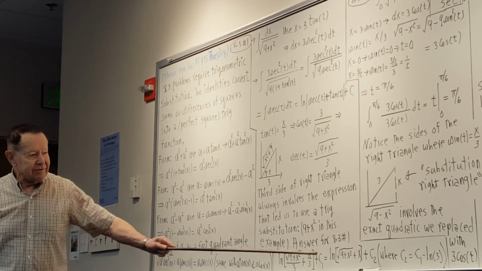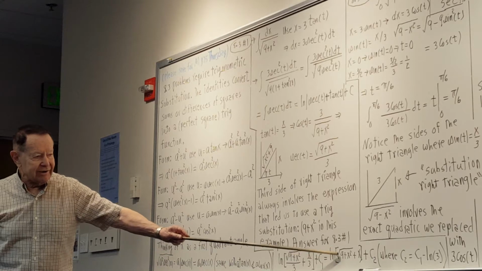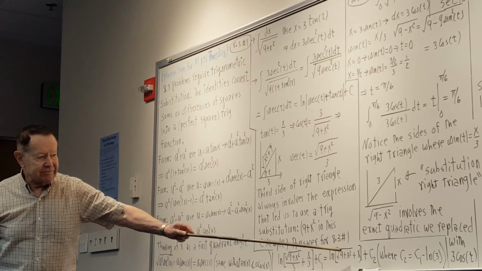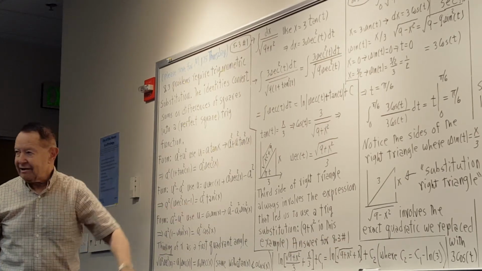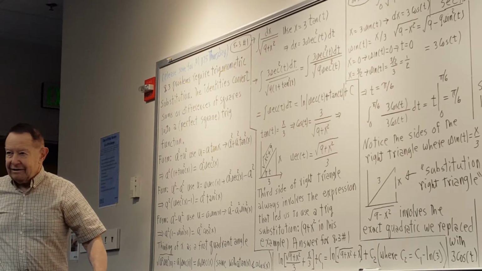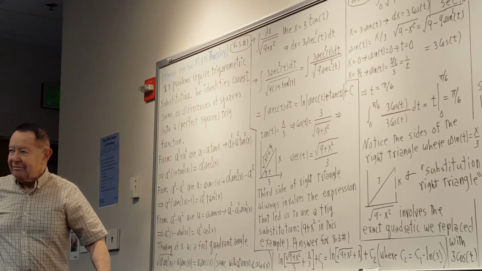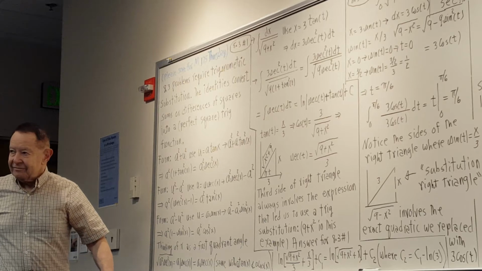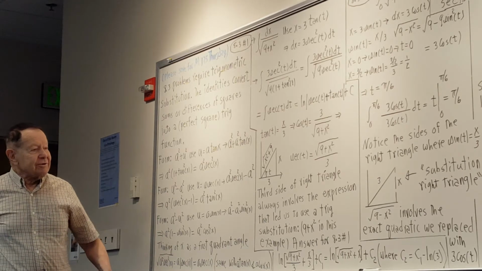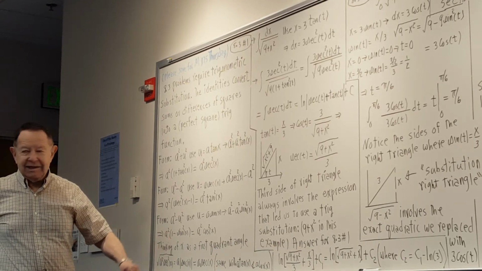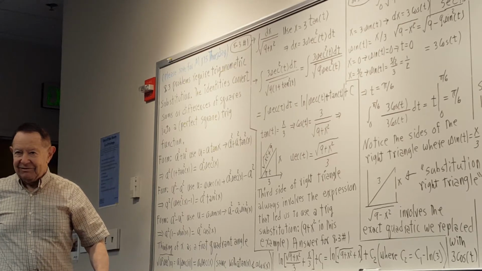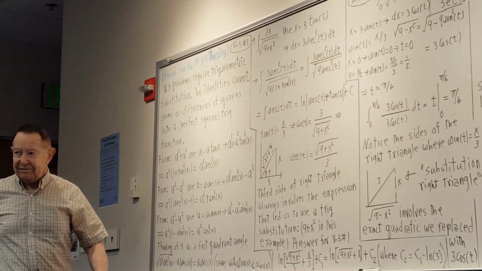And so you could write your answer as log of the square root plus the x plus some constant. And that's what you find in the back of the book. So you can play tricky games with constants on these indefinite integrals.